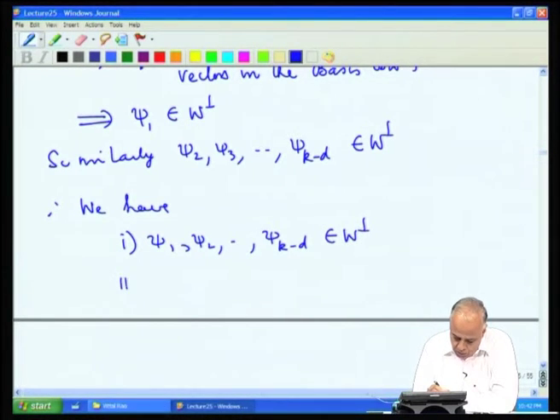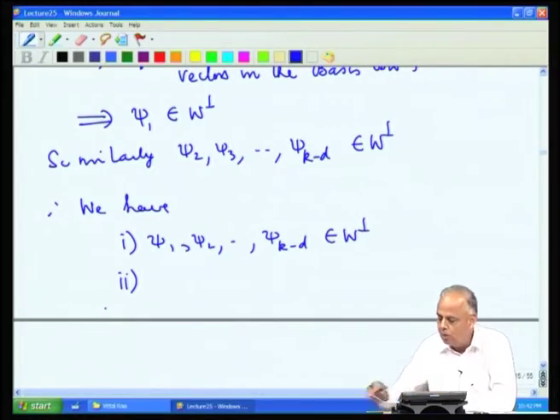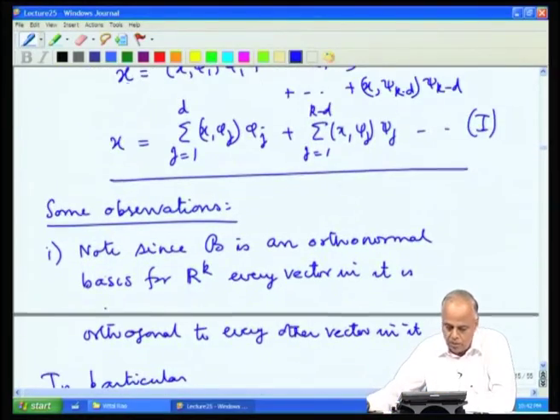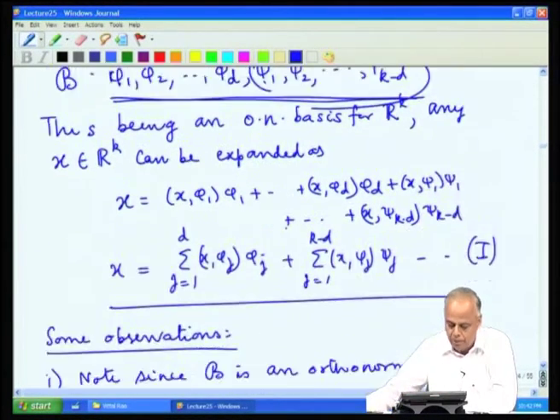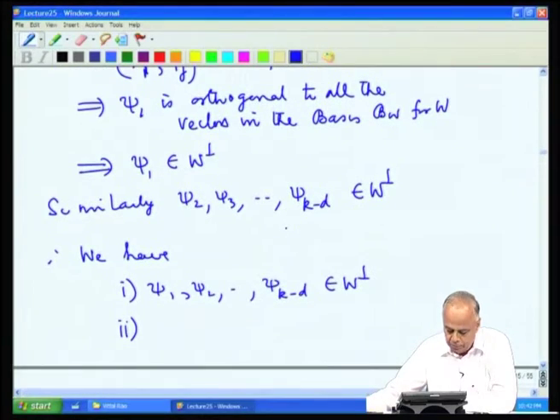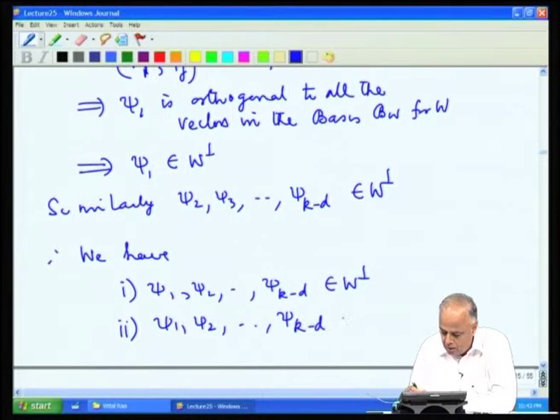And 2, since the whole set B is orthonormal, even this part must be orthonormal, and therefore, we get that psi 1, psi 2, psi k minus d is orthonormal.